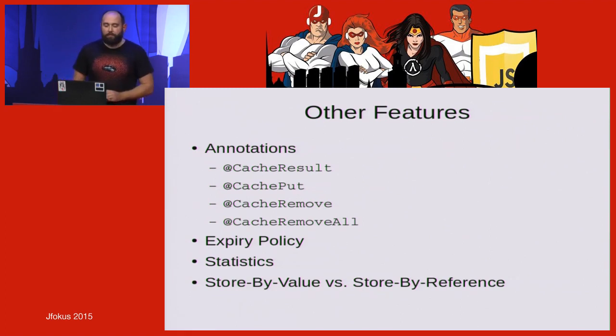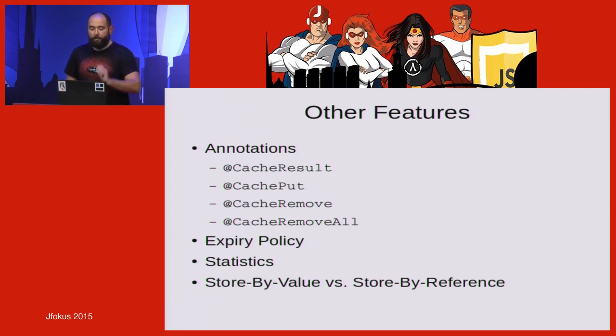Store by value versus store by reference. As I said, the cache is more or less like a map. It feels like a map, but there is an important distinction. In a regular map, everything is stored by reference, right? So you store something, and in the map itself is just a reference. In a cache, it's different. The default behavior is store by value. So it will actually create a copy of your stuff instead of just keeping the reference in place.